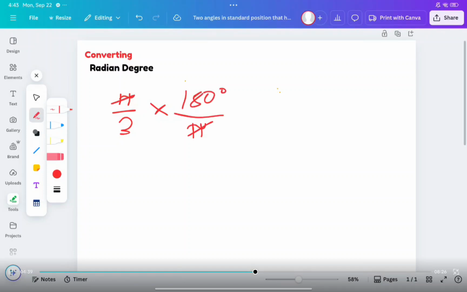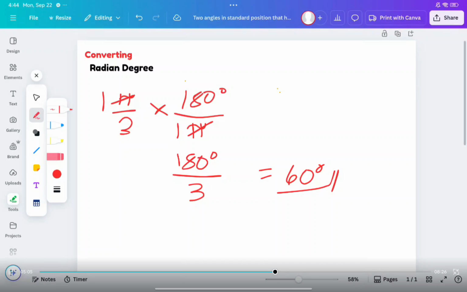Now let's just cancel the pi, and we have 1 here. 1 times 180 is equal to 180 degrees and 3 times 1 is equal to 3. And now 180 degrees divided by 3 is equal to 60 degrees. That's how we convert radian to degree. Also, that's how we came up with the answers that we solved earlier to find the negative and positive coterminal angles.